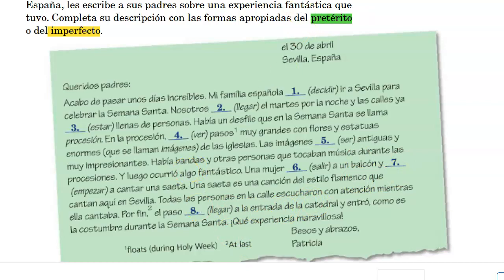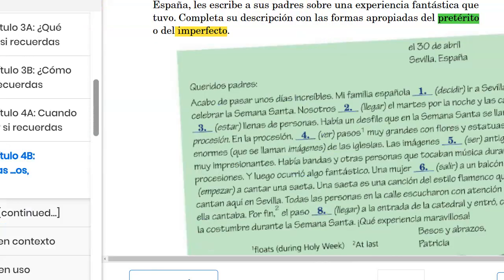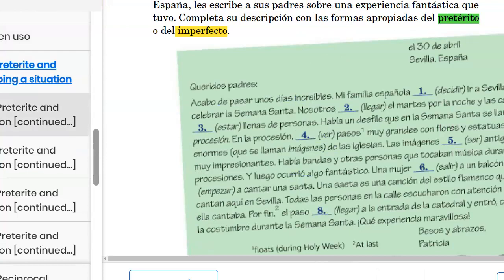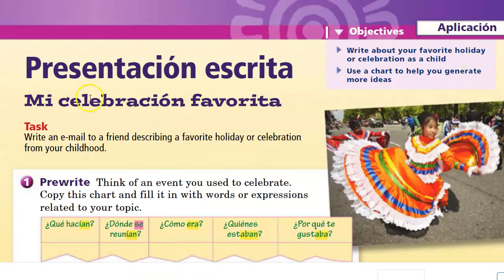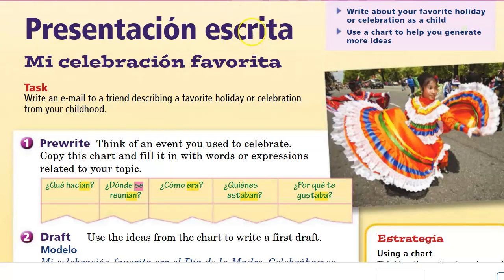And now we'll take a look at your guys' oral presentation assignment, which is on page 231. Presentación oral, oral presentation, mi celebración favorita.